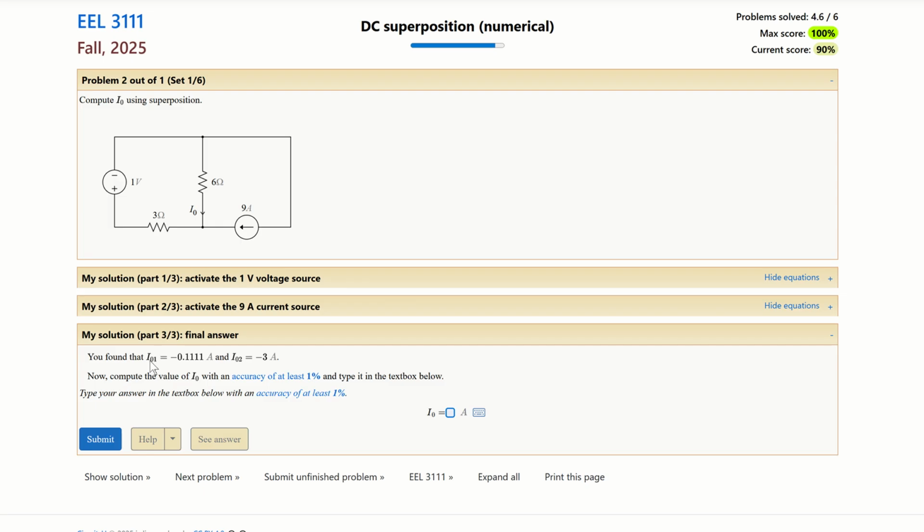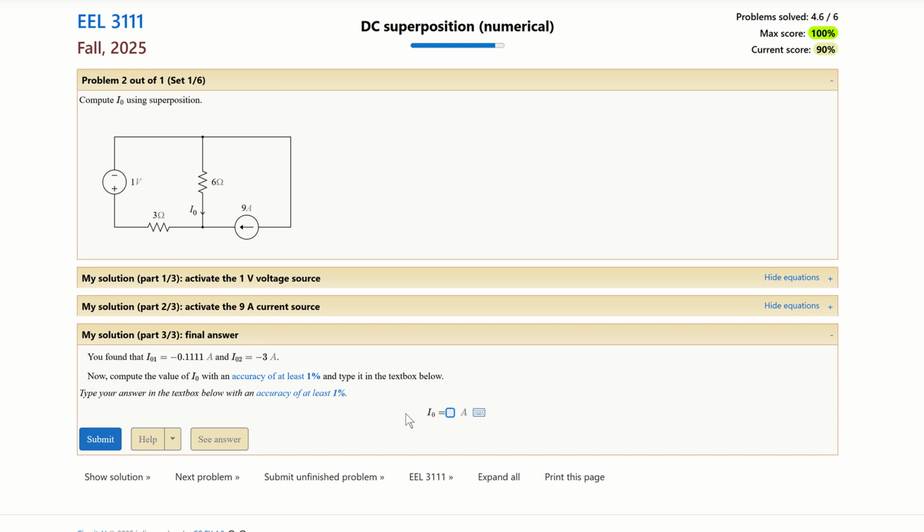We found in the first, after removing the current source and keeping the voltage source, we found our current at this point to be negative 0.1111 amps. And for the second iteration, we removed the voltage source by short circuiting it, leaving the current source, and we solved through nodal and mesh, and we got our final value for I02 as -3 amperes.